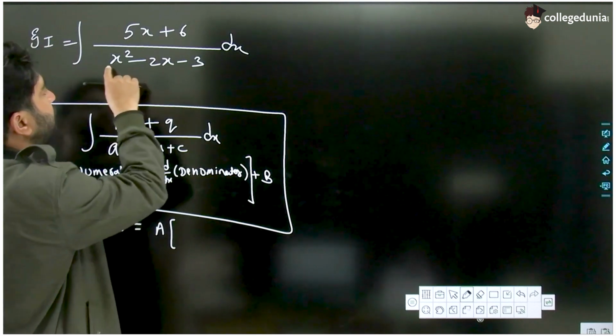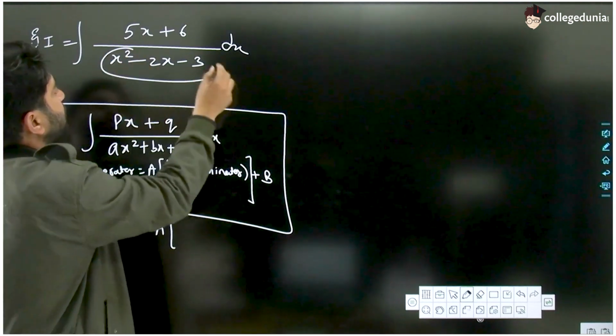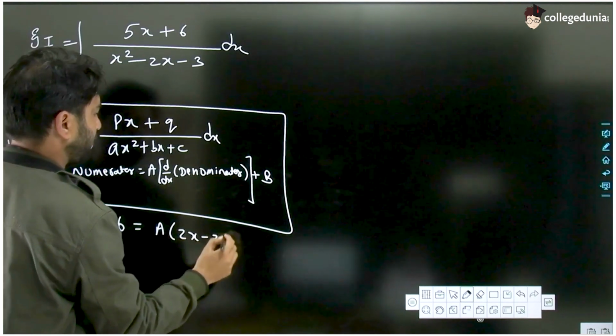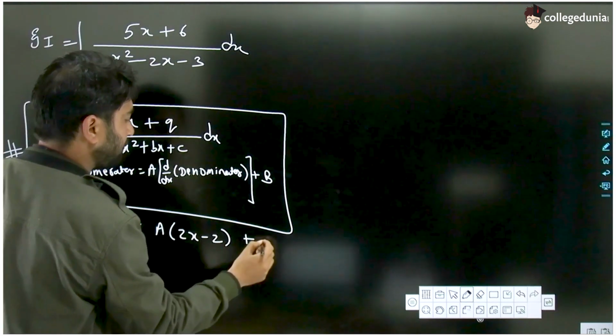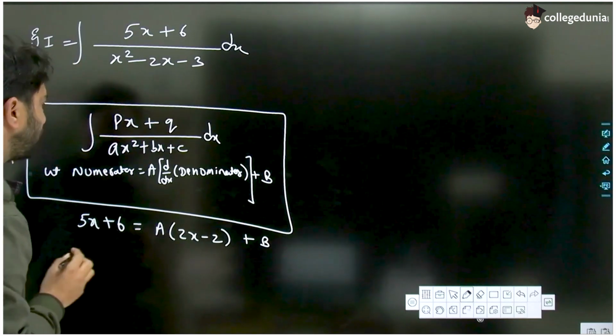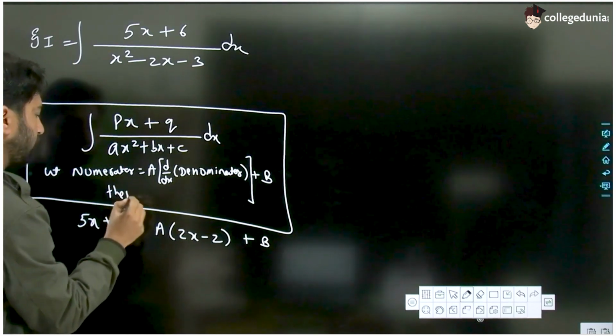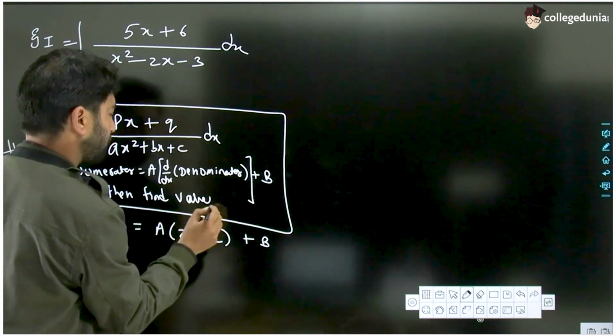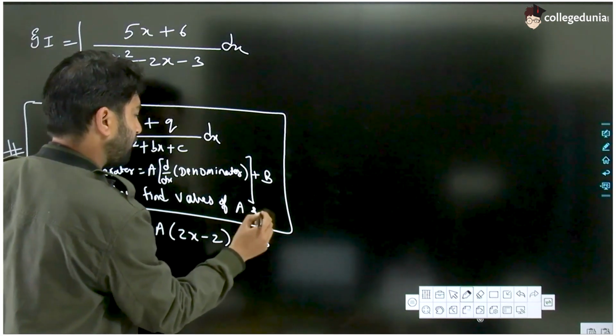Guys, the derivative of denominator will be 2x minus 2. Then we will have to write b, okay. So guys, now we have to find values of a and b.